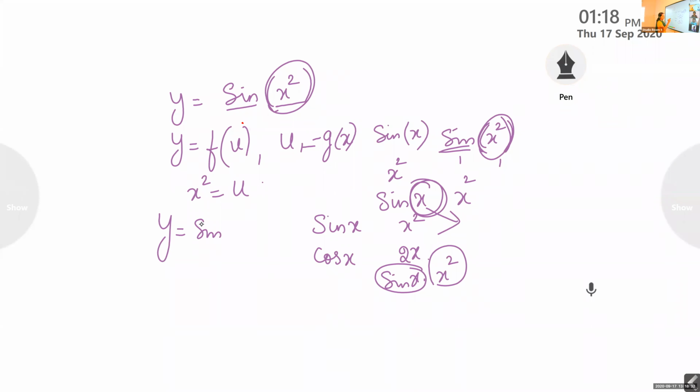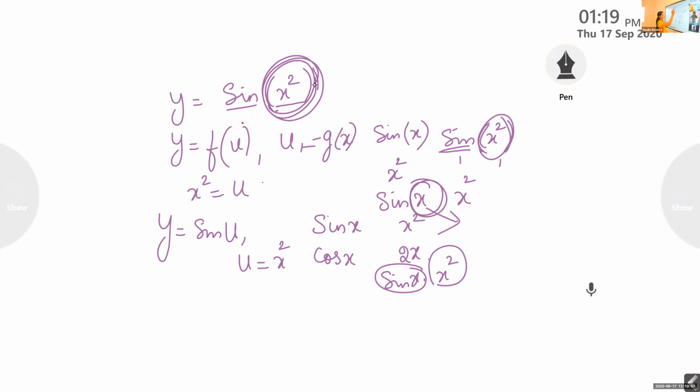U is x square. We know that sine u is a function. So instead of this u, you are getting another function. So I'm taking x square as u, and you'll get y is equal to sine u. What is u? U is another function. Is it clear, children? Within the function, you are getting another function.